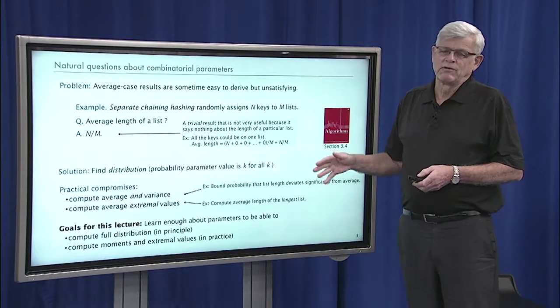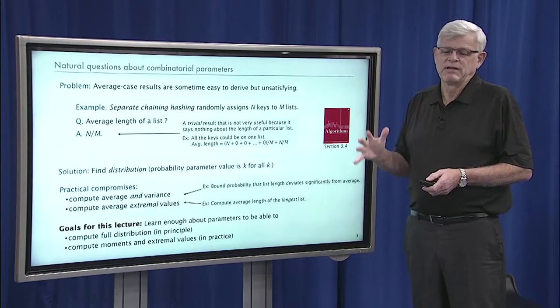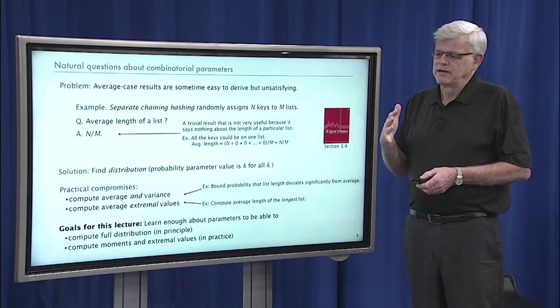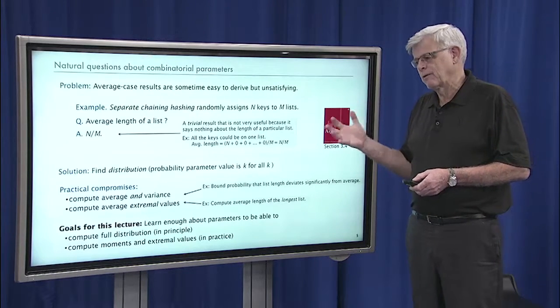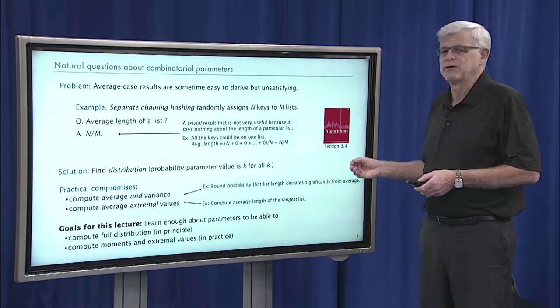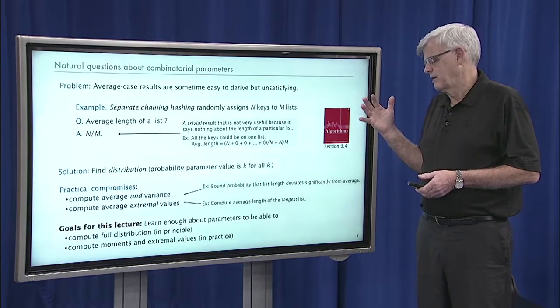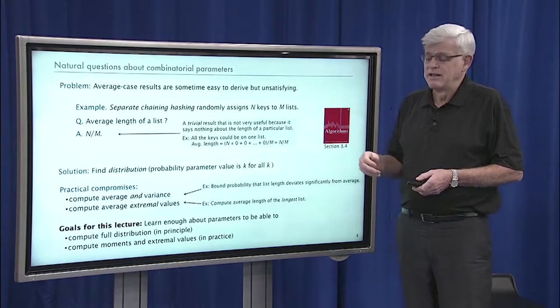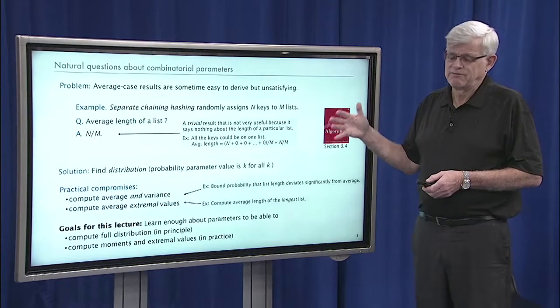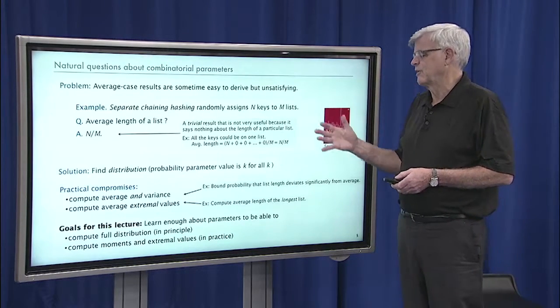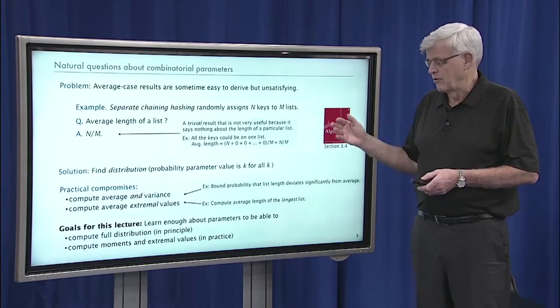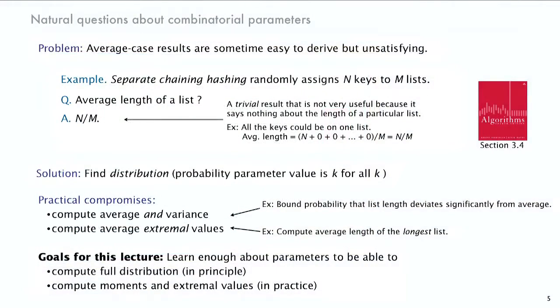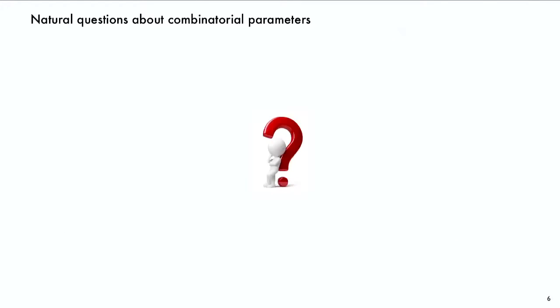So for this lecture, what we're going to do is look at the basic symbolic methods to help us get generating function equations for parameters. These, in concert with the analytic techniques that we'll learn later, often can get information about the full distribution of many of these parameters or about extremal values. But mostly we're going to be interested in average and standard deviation, and I'll talk about that in just a minute.